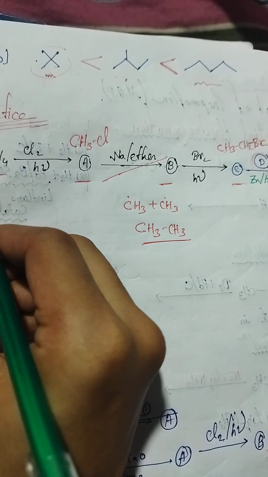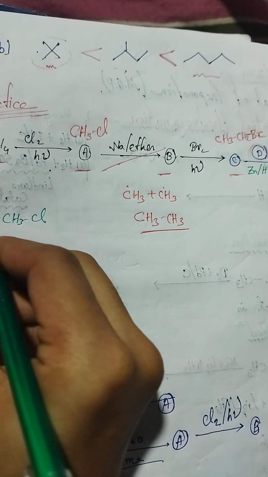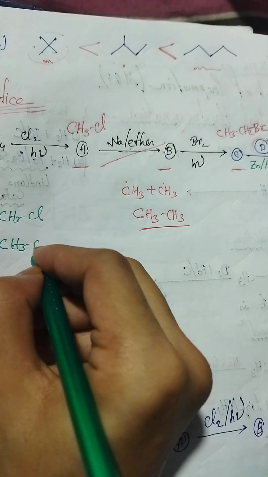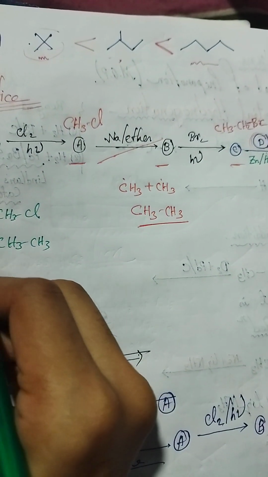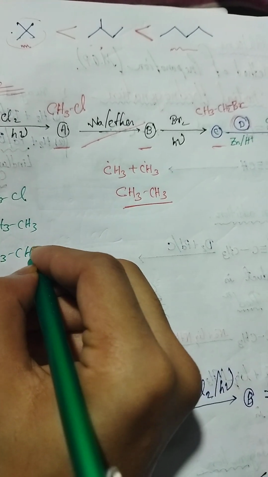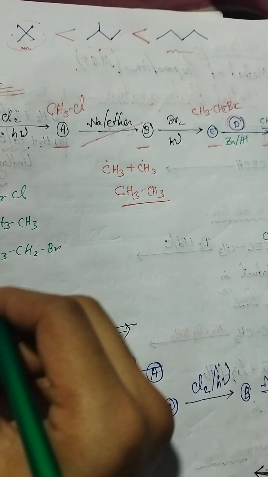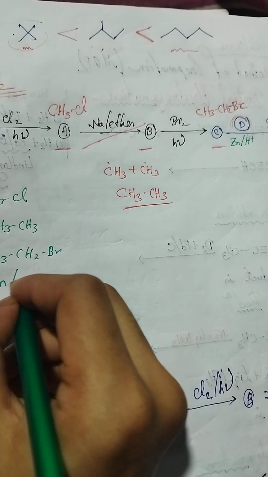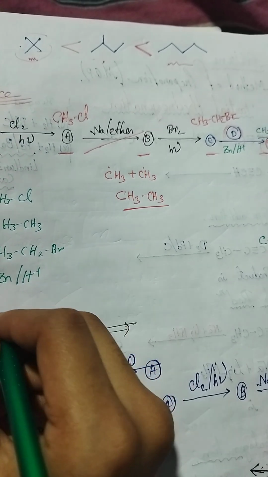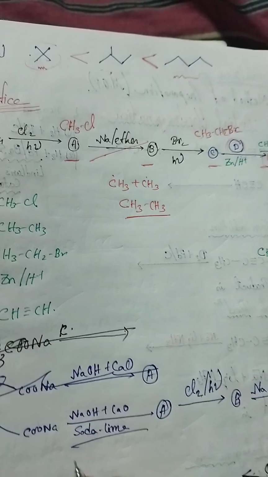So A is CH3Cl, B is CH3CH3, C is CH3CH2Br, D is Zn/H+, E is CH triple bond CH.